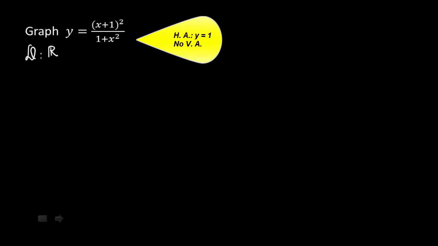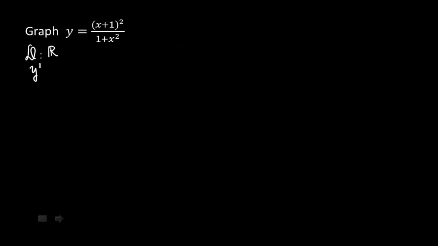So let's go ahead and look at critical numbers. Let's take the derivative, y prime. We have a ratio, so always start with the square of the low: 1 plus x squared, whole thing squared.